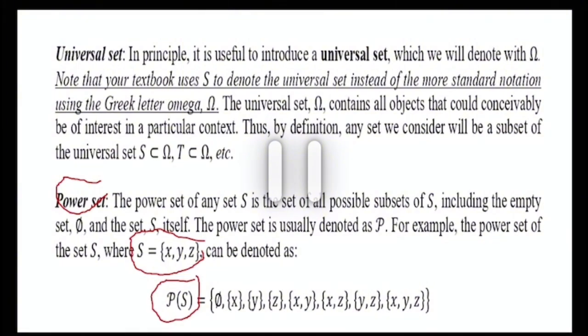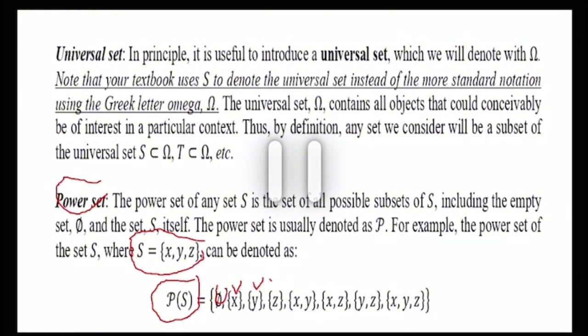Okay? Now, the power of a set is, I'm going to start with emptiness. Can you see emptiness? Then I'm going to have X, Y, and Z singly, when they stand alone, and when they stand in twos. Okay?